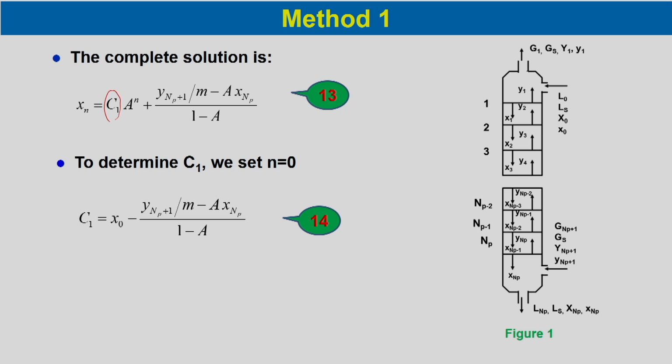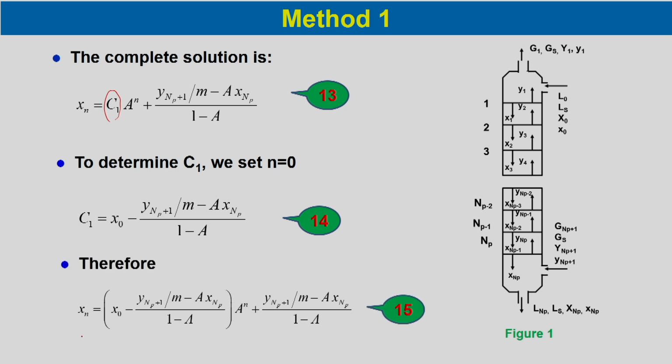Once we get C 1, if we substitute in equation 13, we will obtain x n equal to x naught minus y n p plus 1 divided by m minus a x n p divided by 1 minus a, into a to the power n, plus y n p plus 1 by m minus a x n p divided by 1 minus a. So, this is the complete solution for this equation, and then we have absorption factor A.